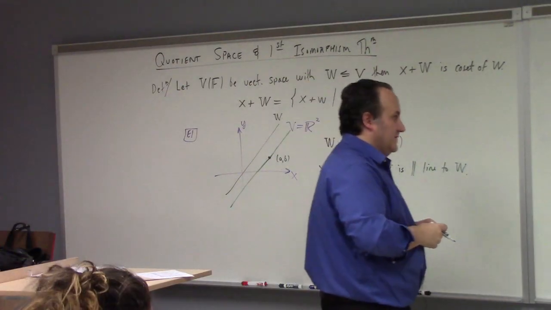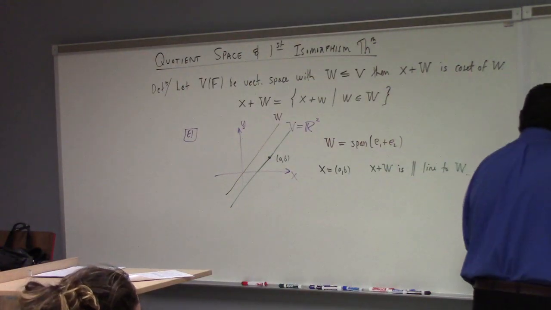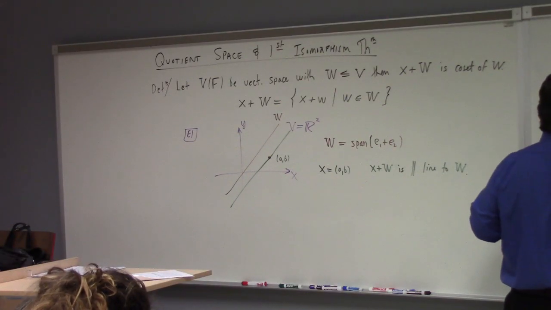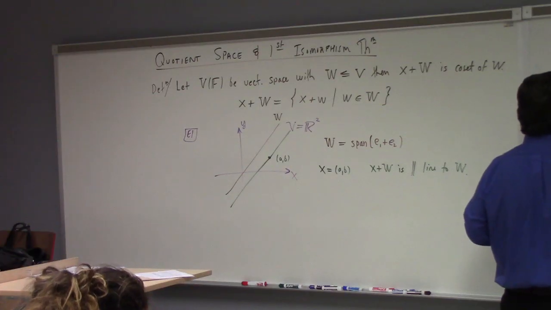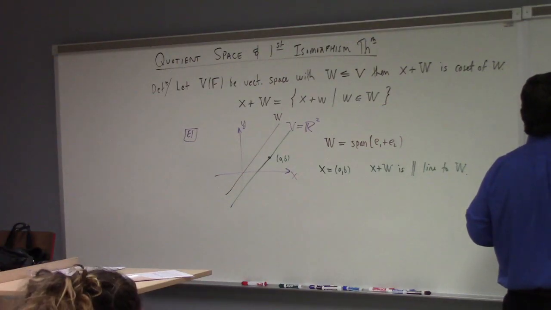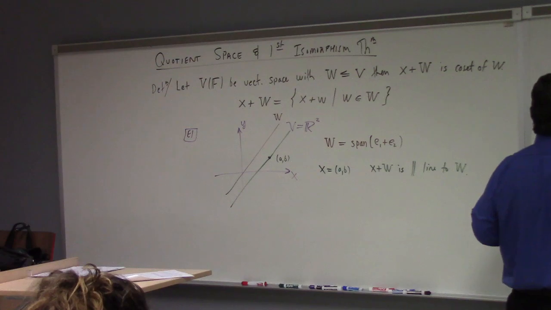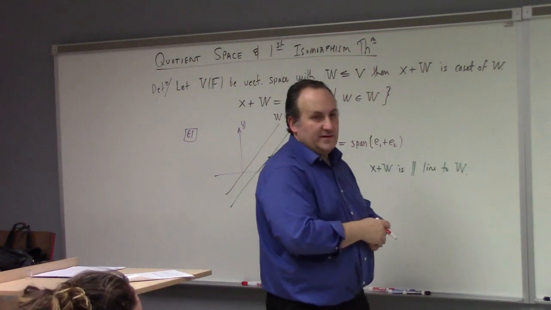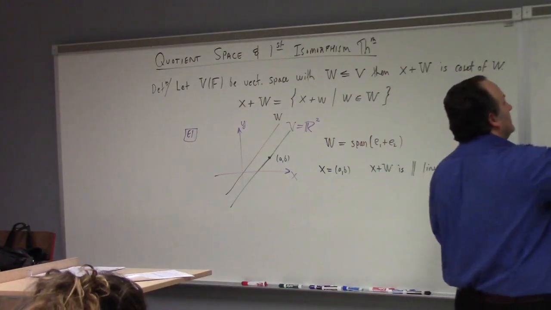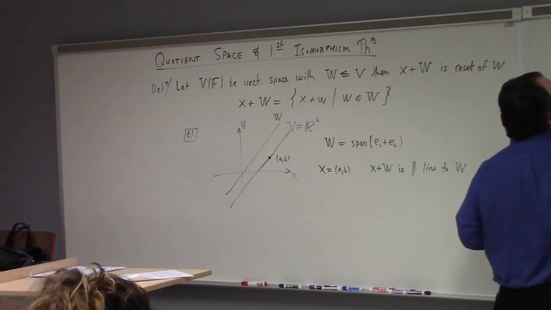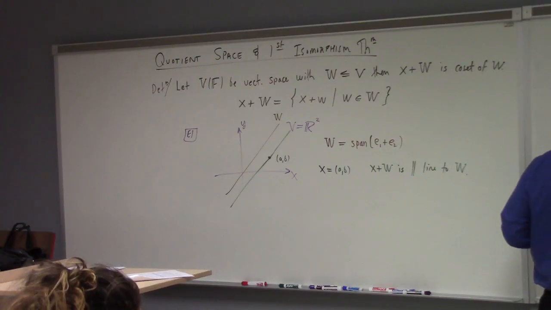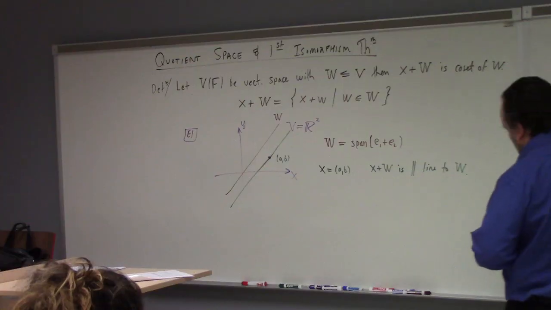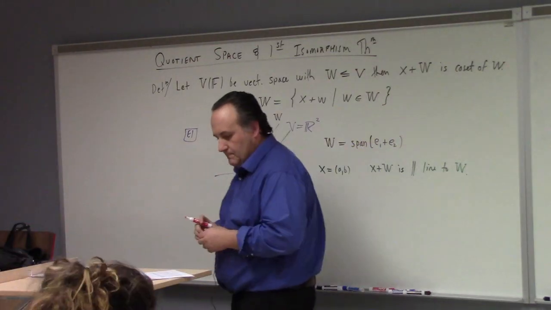Then if you have another coset, it's going to be a parallel plane. Here's (a, b, c) plus W in this context, if I'm talking about R3. We'll make it a square matrix just for the sake of things being nice.